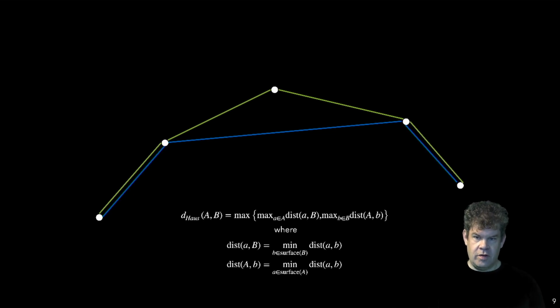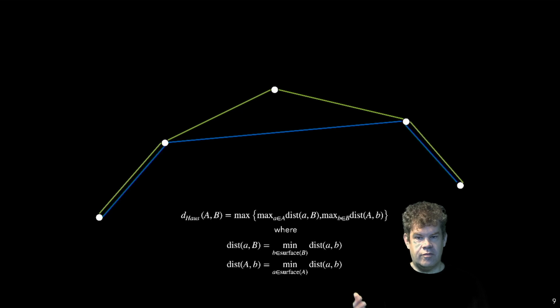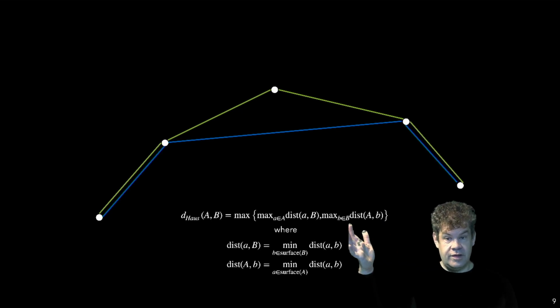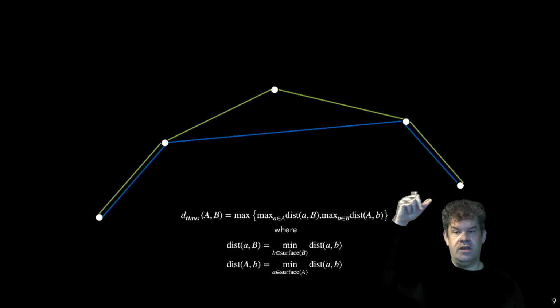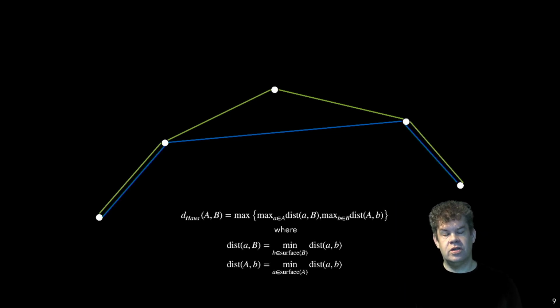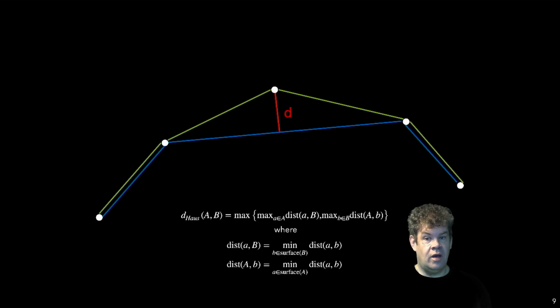So let's look at that. What do I get? Well, I've got to compute these two distances here and compute the maximum over them. We'll first look at the points on this yellow or greenish structure and compute their distance to the blue structure. And what I get is this distance here, d. Well, I get a bunch of zeros as well, right?